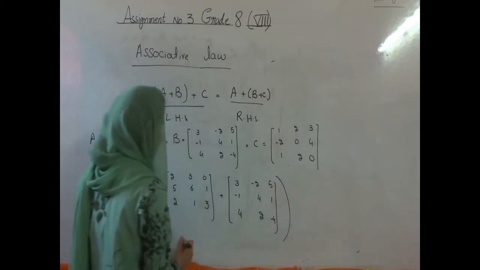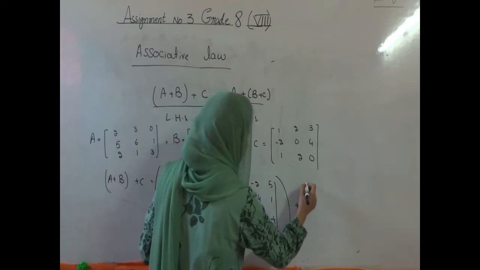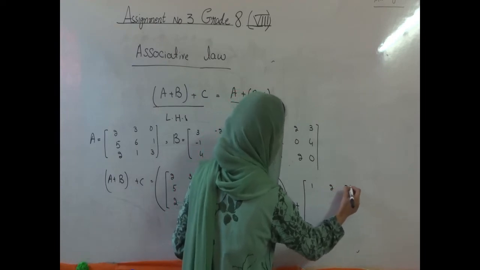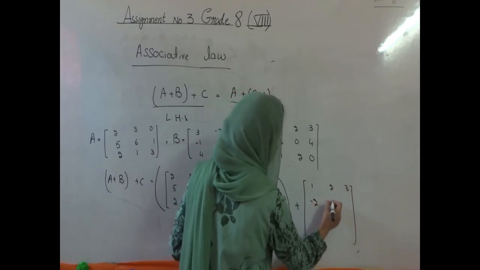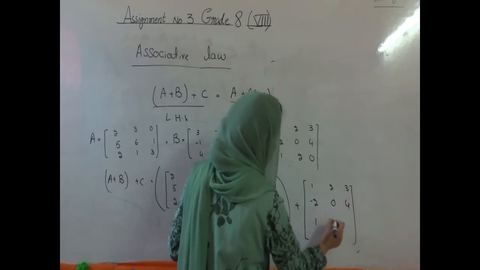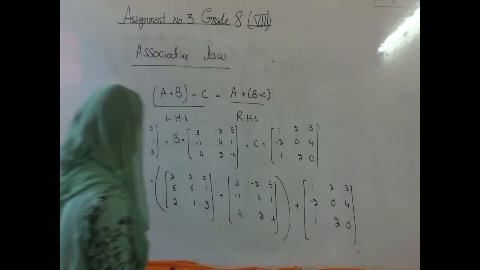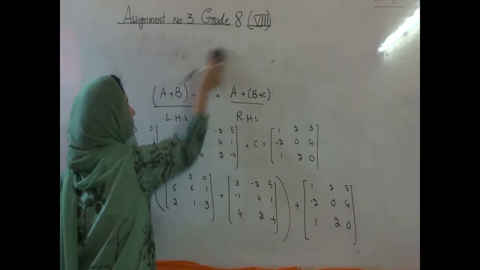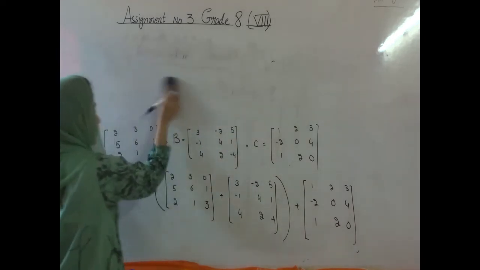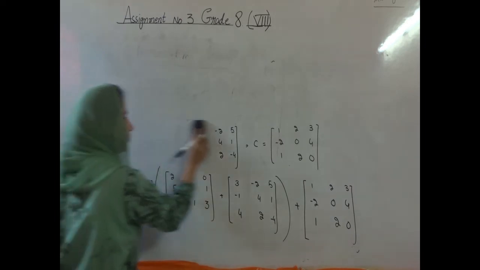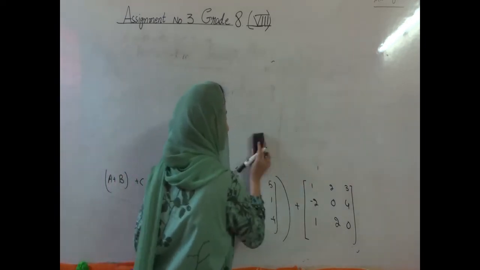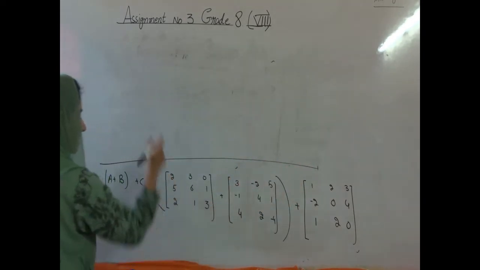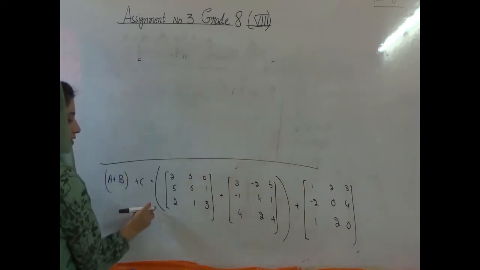Then close the small bracket. Then write down the plus sign and the matrix C: 1, 2, 3, minus 2, 0, 4, 1, 2 and 0. Okay, first we will add A plus B, which means we will solve the bracket first.